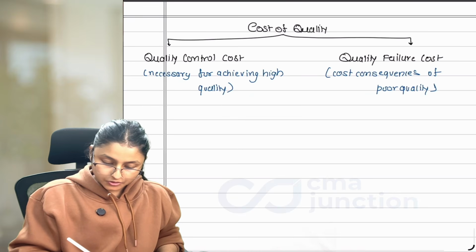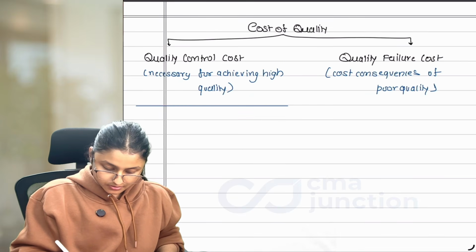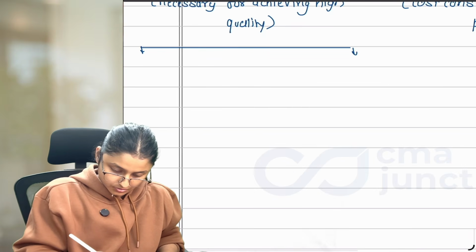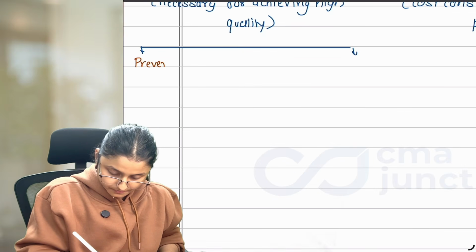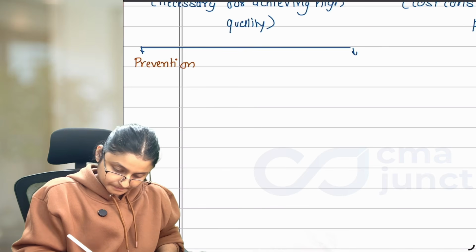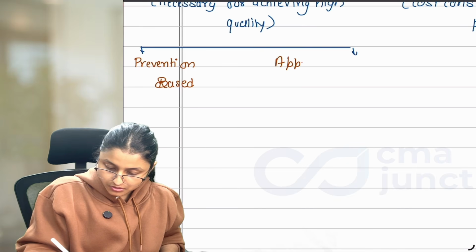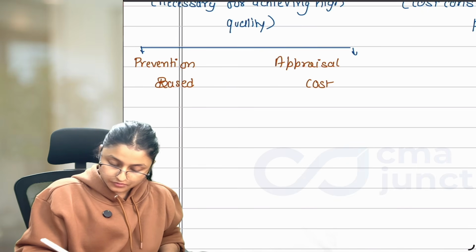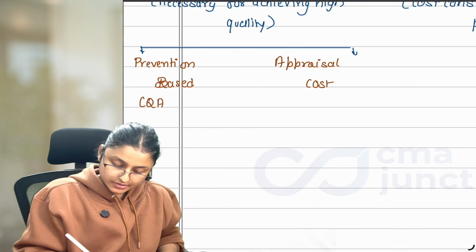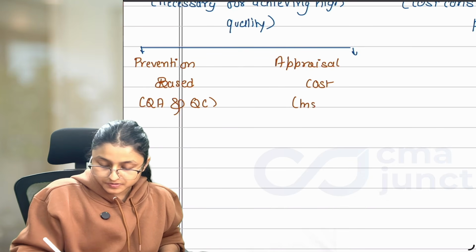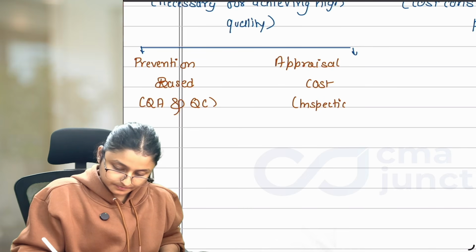Now, quality control cost can be divided into two parts. First one is prevention based and next is appraisal cost. Right. Prevention based involves quality assurance and quality control technique, while appraisal is specifically about inspection.